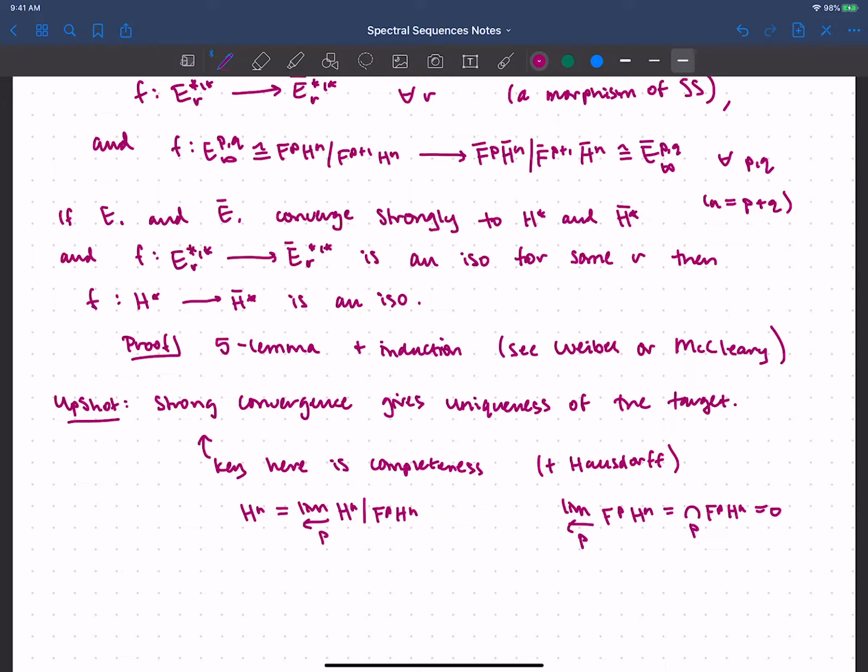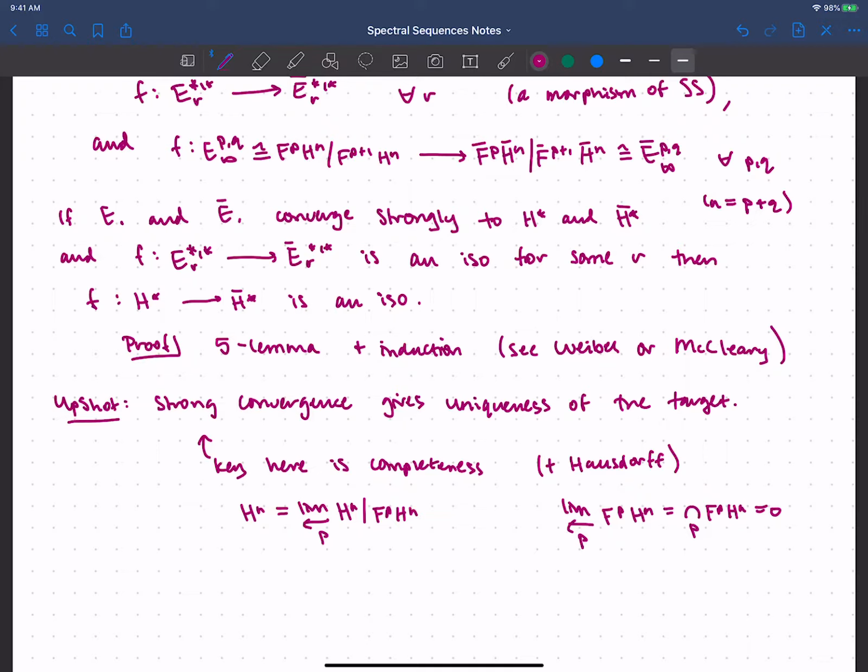So we need that too. I mean, it's all in here, right? I'm saying strong convergence, I don't want to forget any of those pieces, but what I'm trying to say is that we have those 3 types of convergence from Boardman's terminology: weak convergence, convergence, and then strong convergence. And the thing that got us to strong convergence was this completeness. So that's what I mean by this is the key.